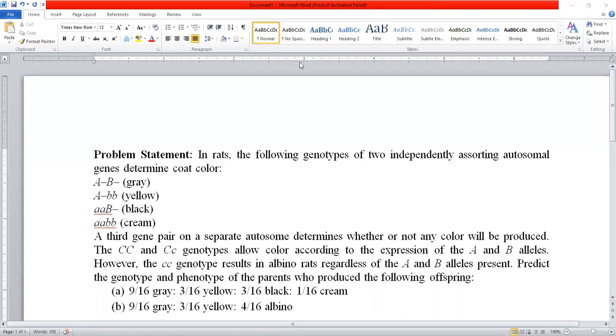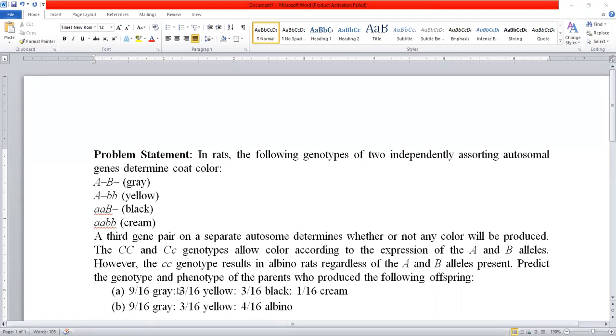Part A: 9 by 16 gray, 3 by 16 yellow, 3 by 16 black, 1 by 16 cream. Part B: 9 by 16 gray, 3 by 16 yellow, and 4 by 16 albino.